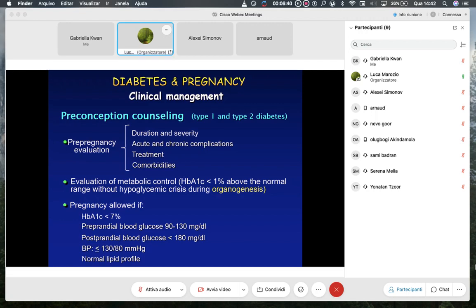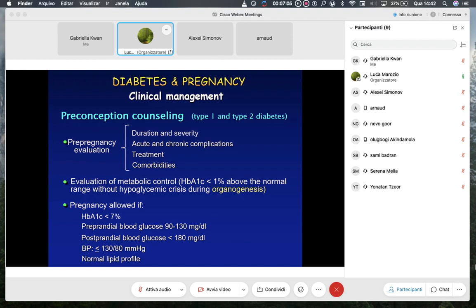Pregnancy may be allowed if glycated hemoglobin is less than 7%, the preprandial blood glucose is between 90 and 130, postprandial blood glucose less than 100, normal blood pressure, and normal lipid profile.